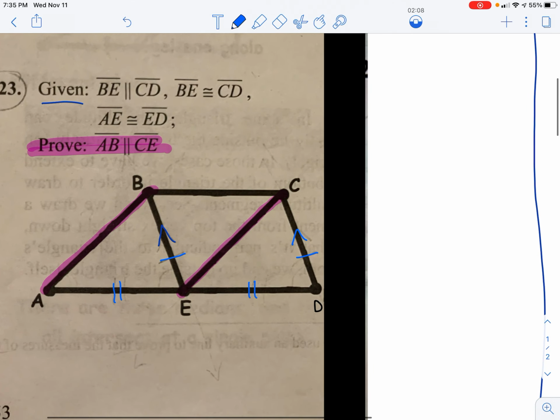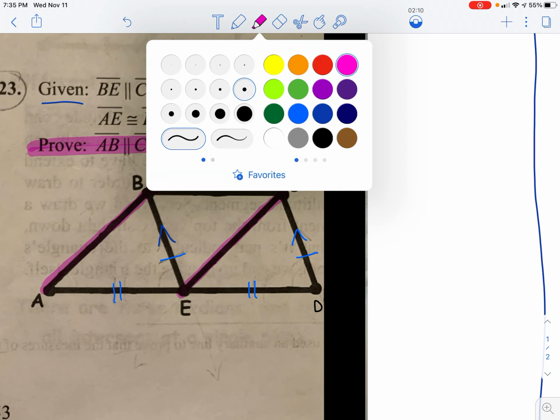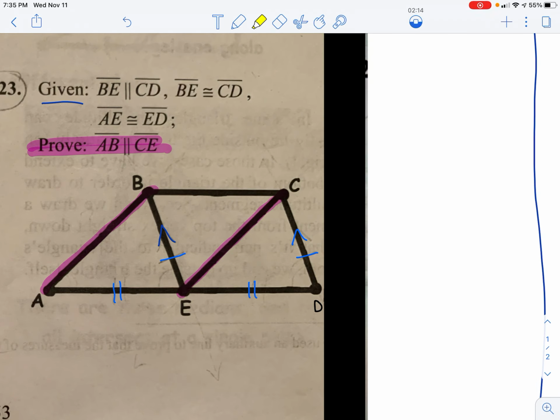So I'm going to take the highlighter in a different color here so that we can focus on those. Let me highlight in yellow these parallel lines here, because I want us to focus on what they're creating. And of course, the pink line here is a transversal, but there's also another transversal cutting through.